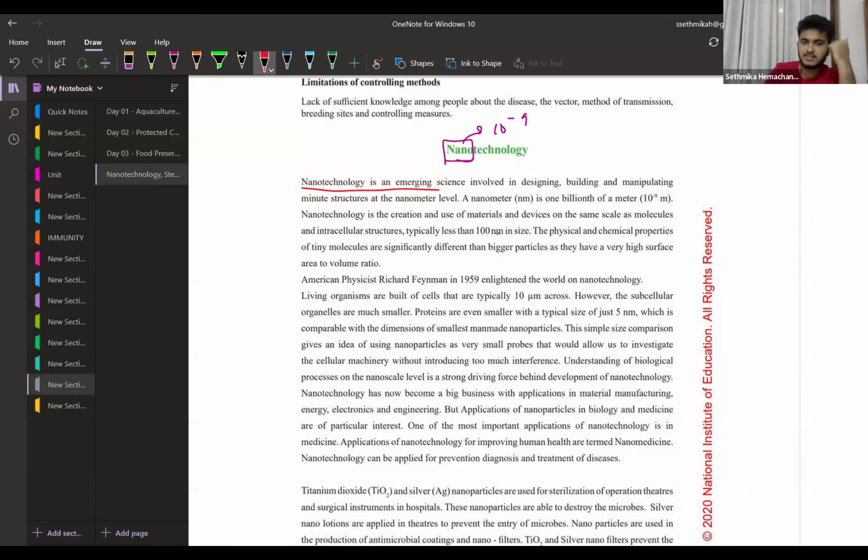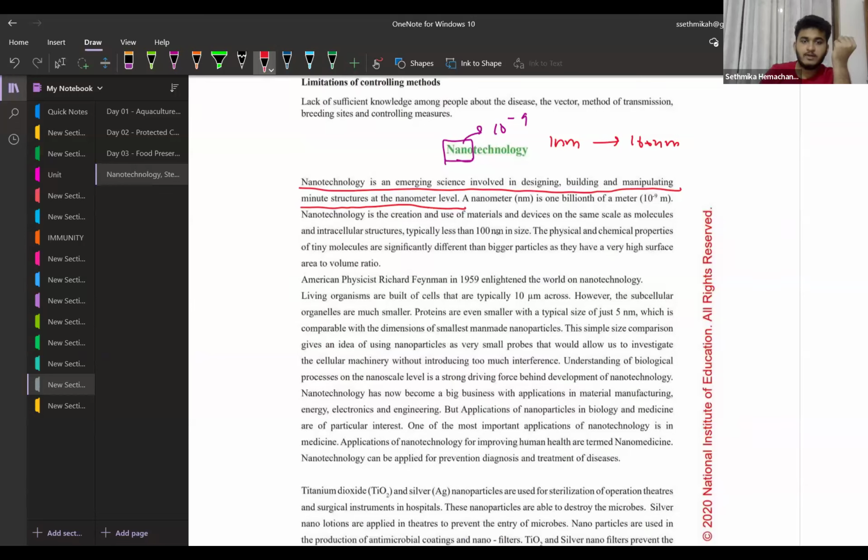Nanotechnology is an emerging science involved in designing, building, and manipulating minute structures at the nanometer level, so 10 to the power minus 9. Usually, we define nanotechnology as between 1 nanometer and 100 nanometers. If a certain structure is between 1 nanometer and 100 nanometers, we use those kinds of structures in nanotechnology. A nanometer is 1 billionth of a meter.